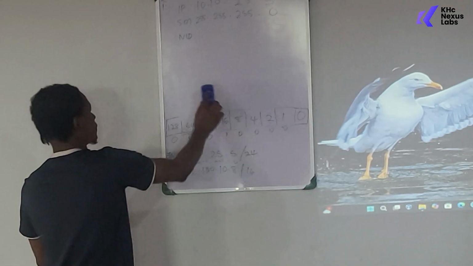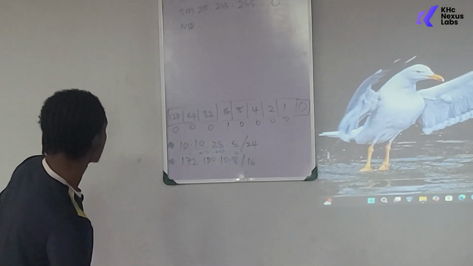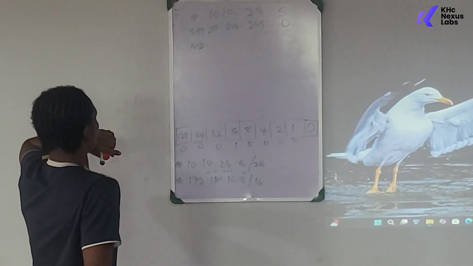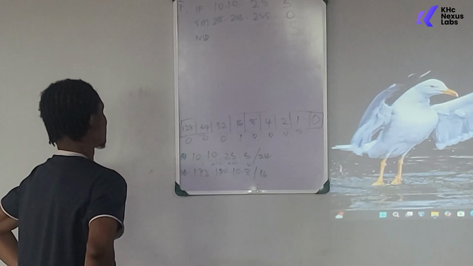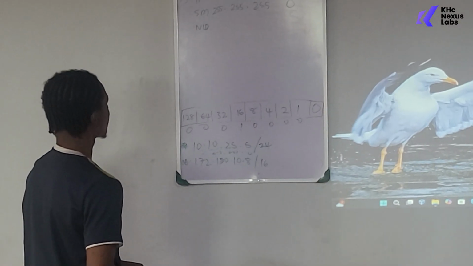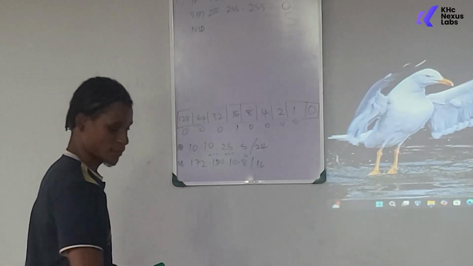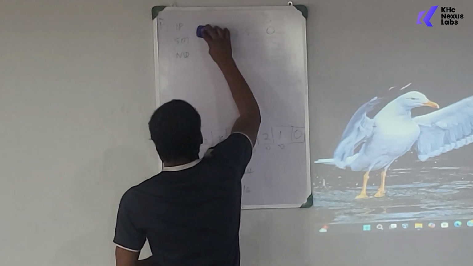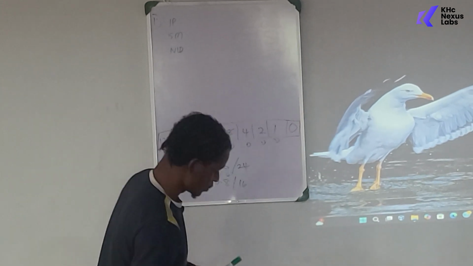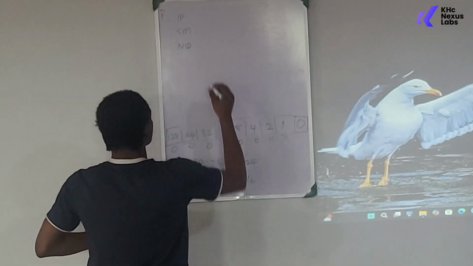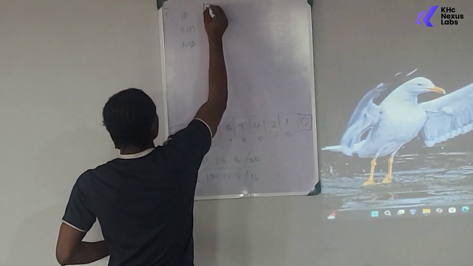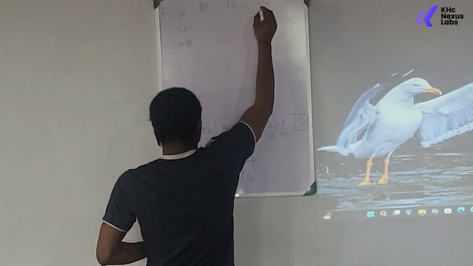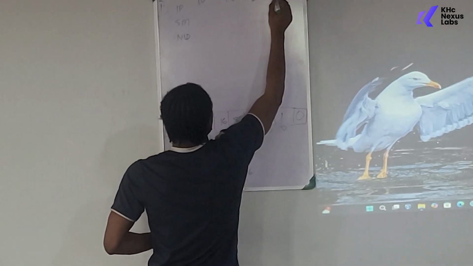And now, back to this thing we are talking about here, right? I have to clean this again. So we're just going to find the binary of these IP addresses: 10, 25, 5.